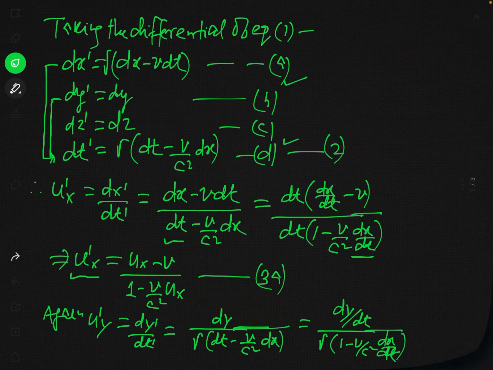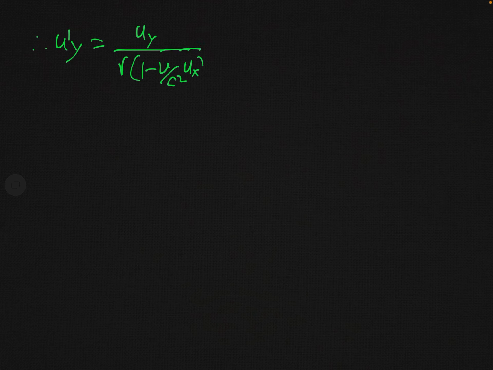So we can write this expression in this way. Therefore u prime y will be equal to uy over gamma into 1 minus v over c square into ux. Again you know that gamma is equal to 1 over root over 1 minus v square by c square.